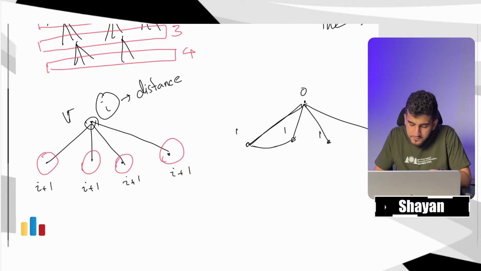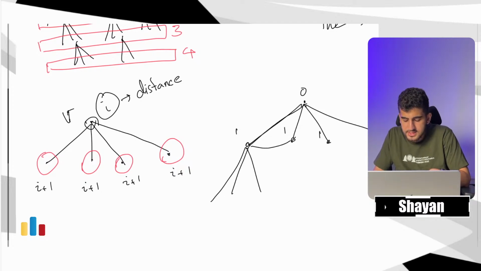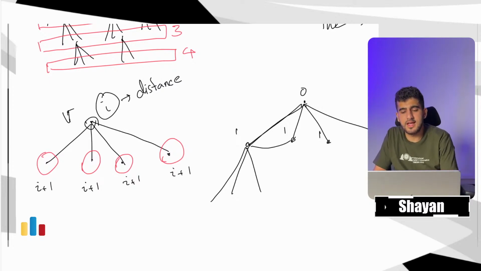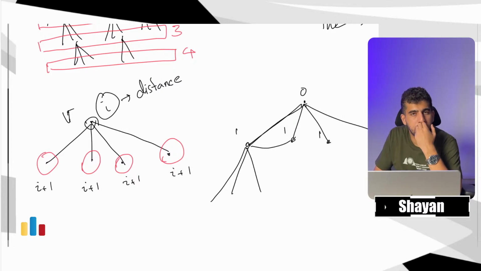But for all the other adjacent vertices, if they were not good enough to have distance 0 or 1, now their distance can be 2. So for every one of them whose distance is not set yet, I set their distance to be 2.